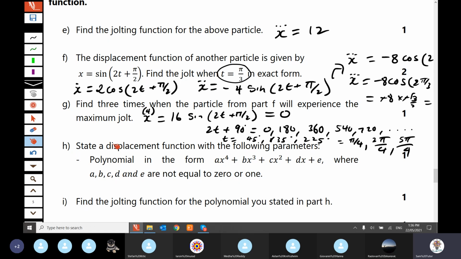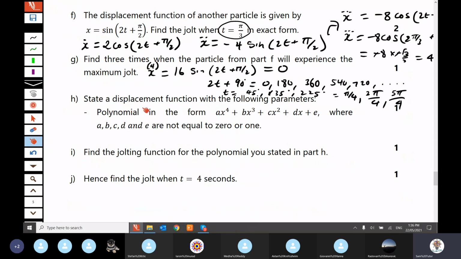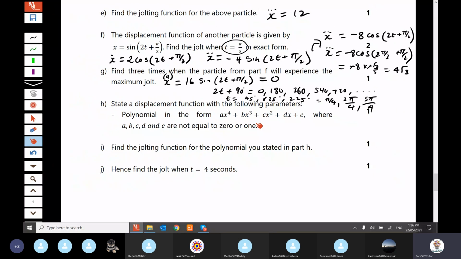Are we okay? H, state a displacement function with the following parameters. Polynomial in this form, where A, B, C, D, and E are not equal to 0 or 1.